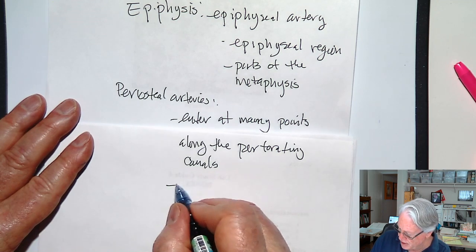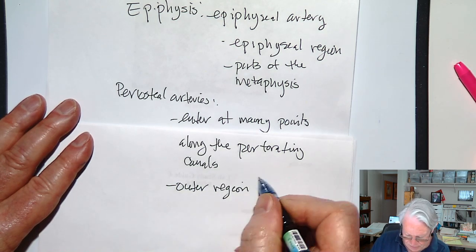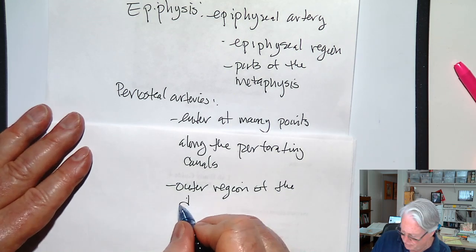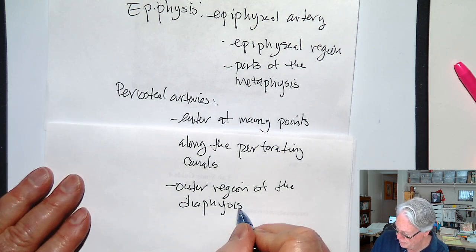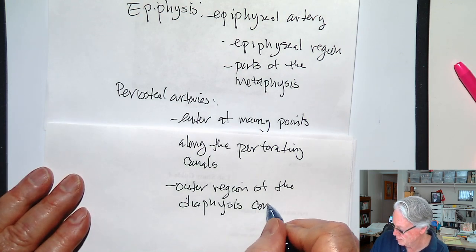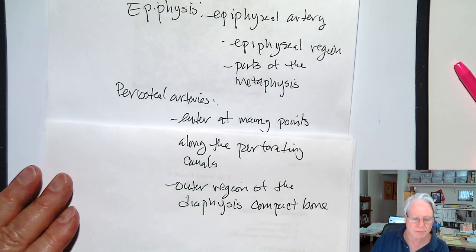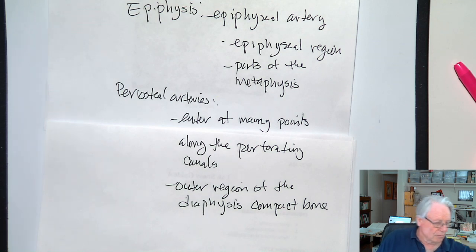And they supply the outer region of the diaphysis, compact bone. All right.